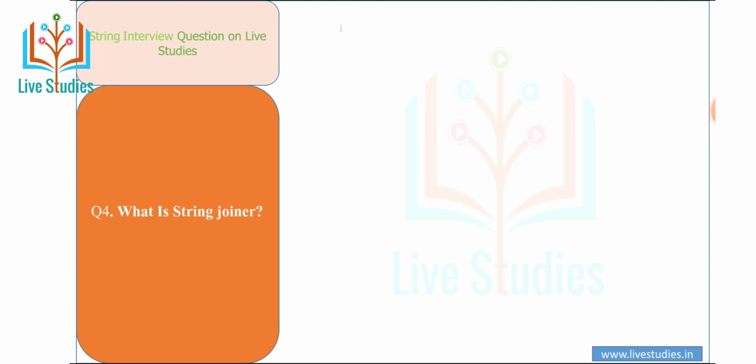Another question is, what is a string joiner? A StringJoiner is a class introduced in Java 8 for joining separate strings into one, like taking a list of colors and returning them as a comma delimited string. We can supply a delimiter as well as a prefix and a suffix.